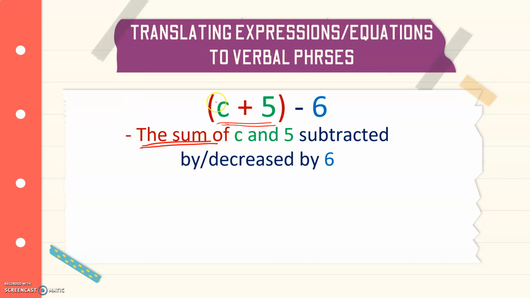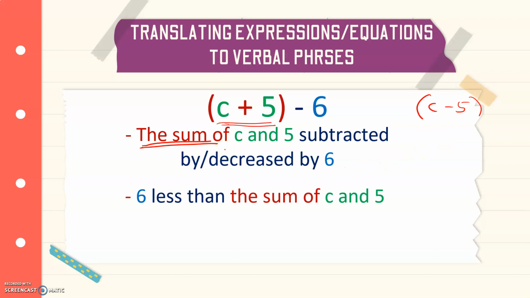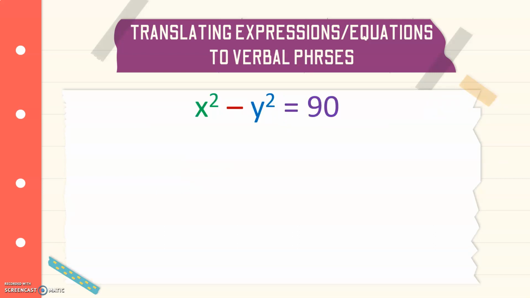Okay, again, if an addition between two numbers or more than numbers is enclosed in a parenthesis, we have to make sure to use the sum of. Same thing goes if you have subtraction inside a grouping symbol like c minus 5. You will use the difference between c and 5. Make sure to use the difference. Okay. So we have 6 less than the sum of c and 5.